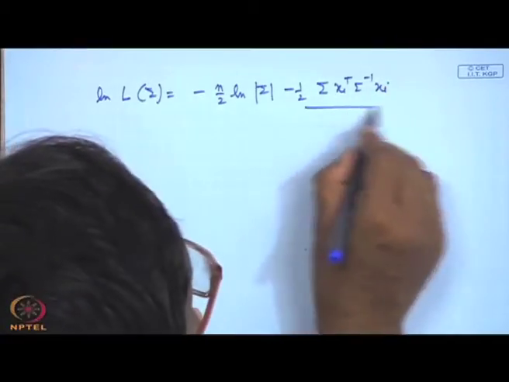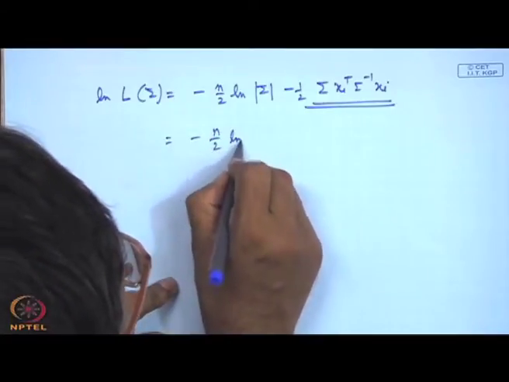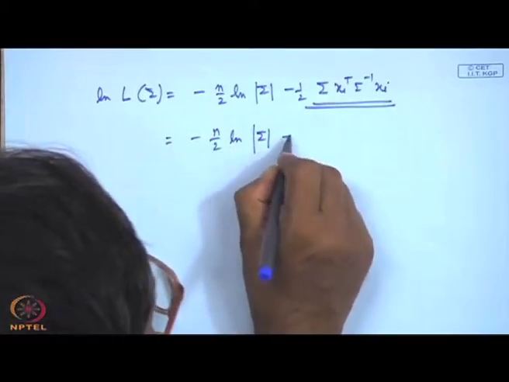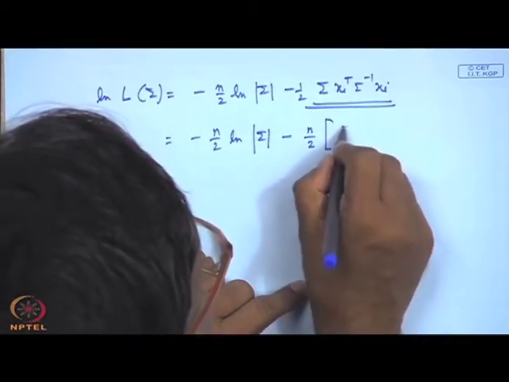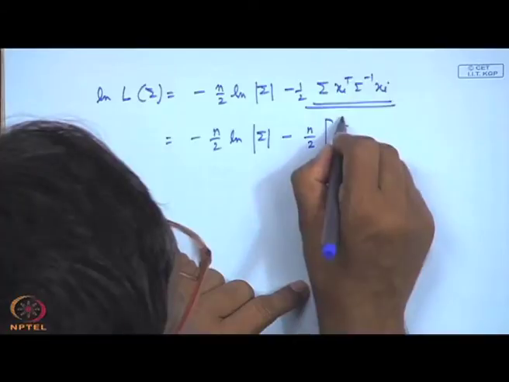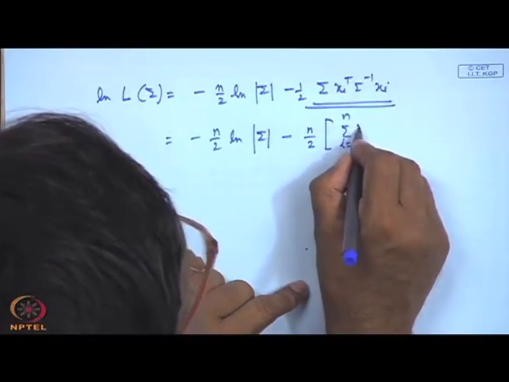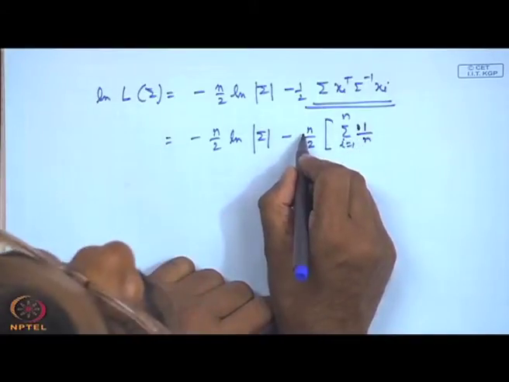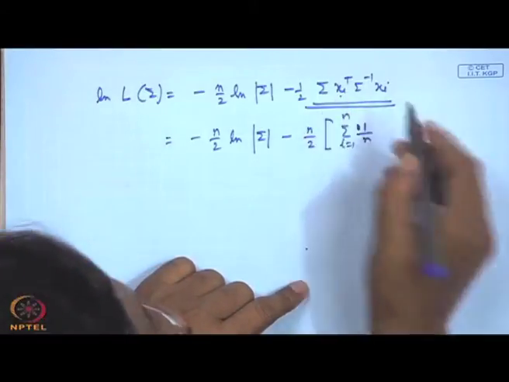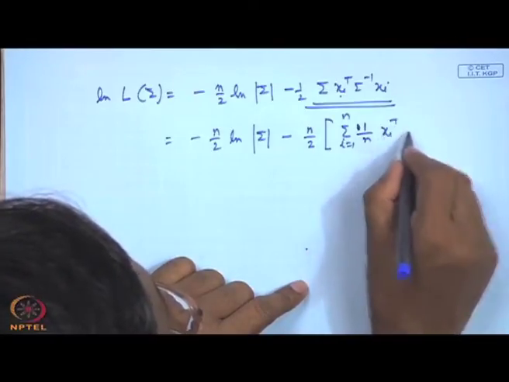Now, this term can be written like this: minus n by 2 log this minus, if I write n by 2, then summation i equal to 1 to n, 1 by n I am taking because I have considered n here.